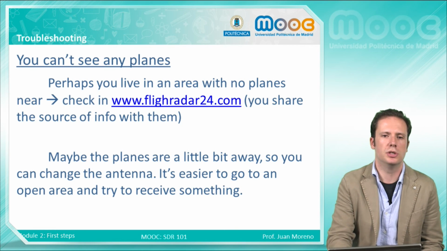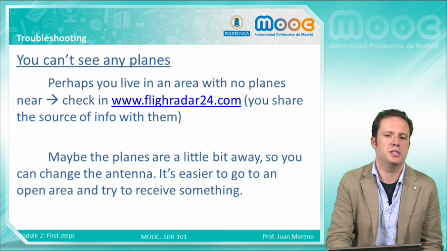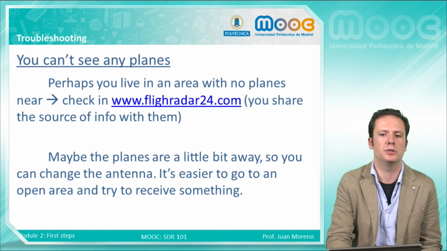Troubleshooting issues. If you can't see any planes, maybe the planes are a little bit far away, so you can change the antenna. But it's easier to go to an open area and try to receive something. Also, you can always check the website that I mentioned before and check if everything is okay around you.